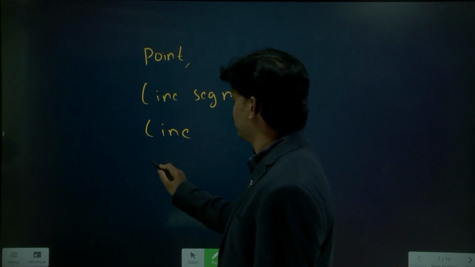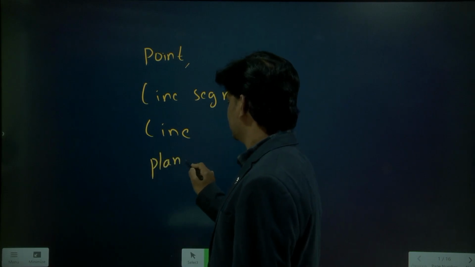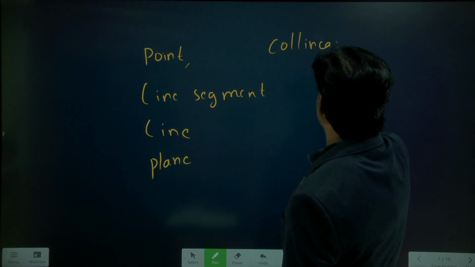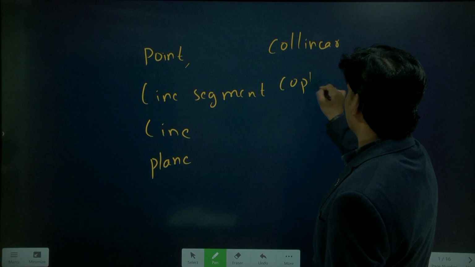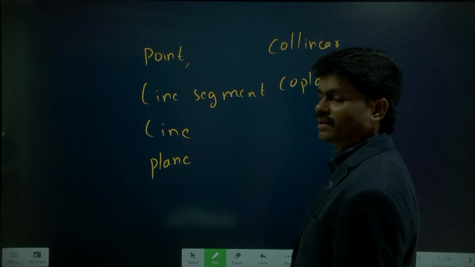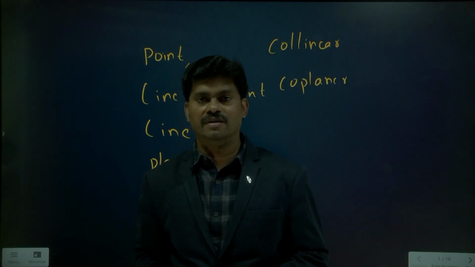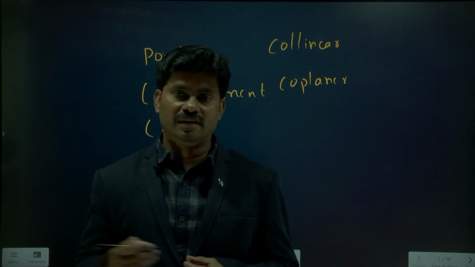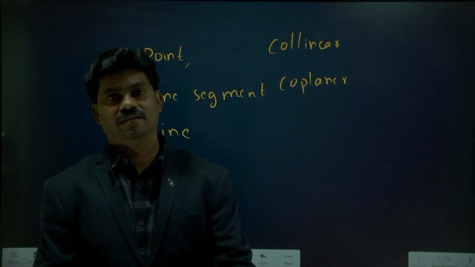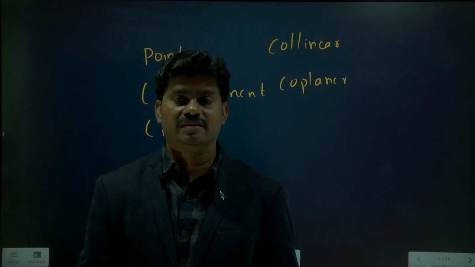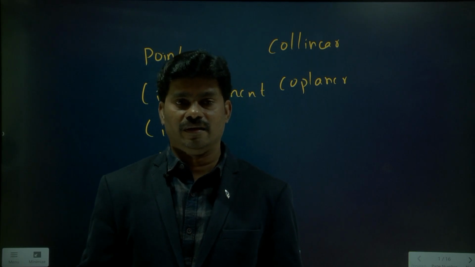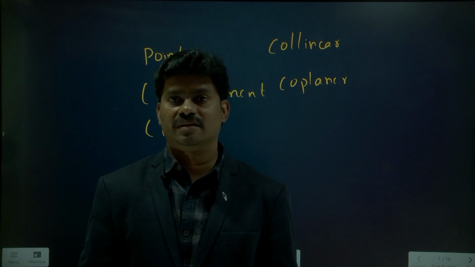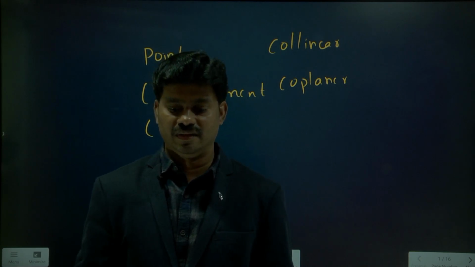In the sense, according to plane, we can define collinear points and coplanar points, rays, intersecting lines, parallel lines, non-intersecting lines, initial lines, angles, types of angles, and interior points on the angle, exterior points on the angle. Like that we will discuss.